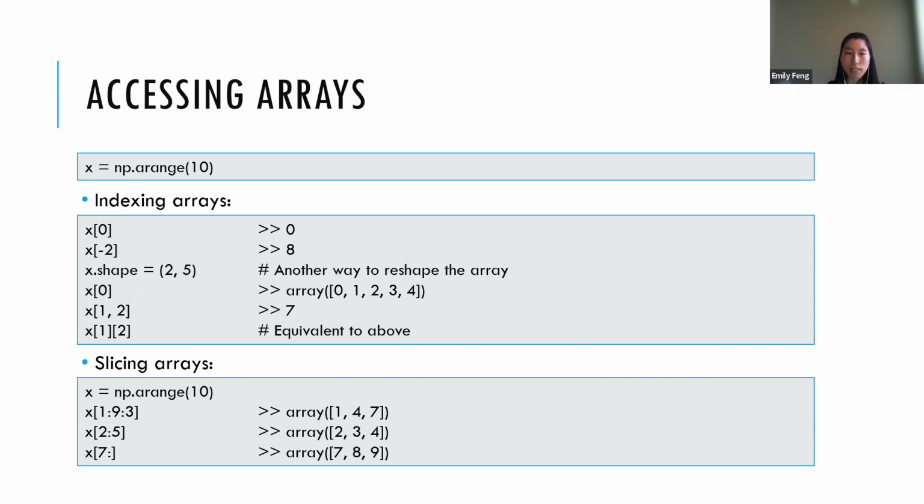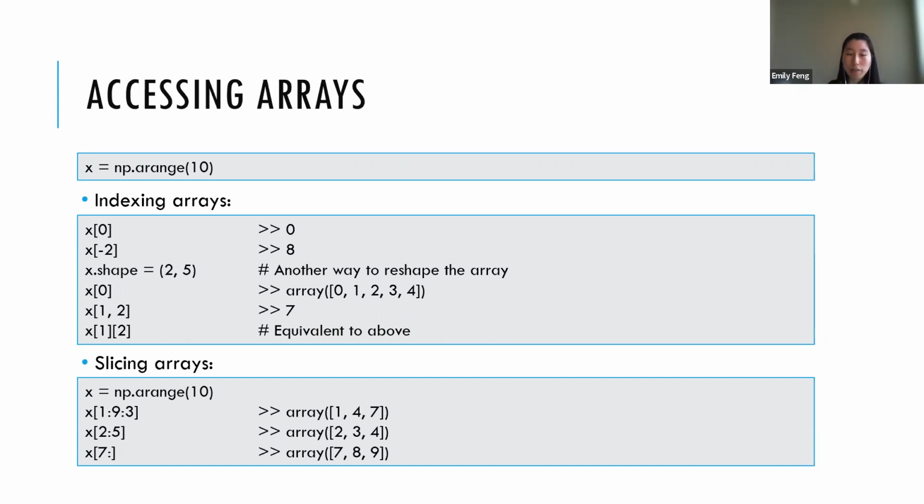And then the third one is how much to jump by. In this example, if you include all 3 indices, it's very specific. I want from the second element up to the last element, and then jump by 3s. So I get an array of 1, 4, 7.